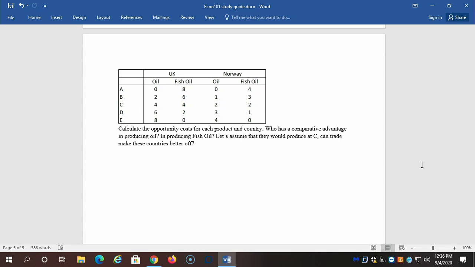All right, what's the function of profit and loss in an economy? Yeah, go ahead.